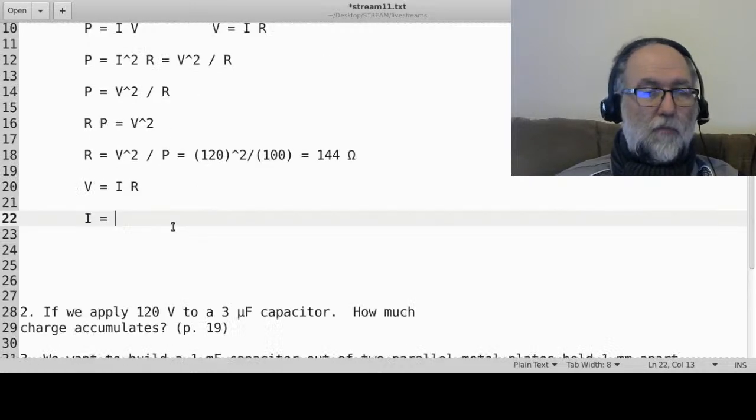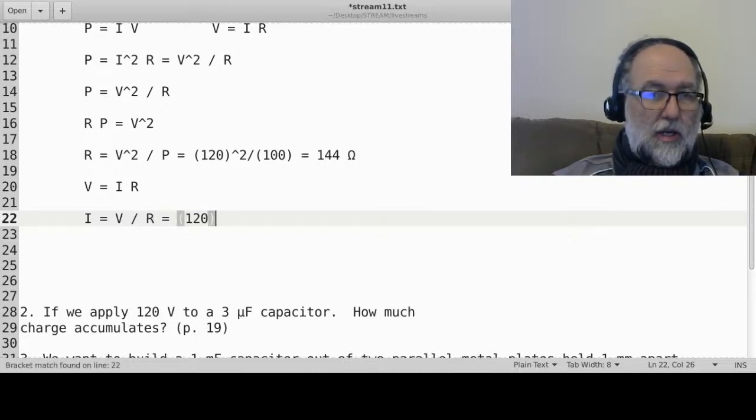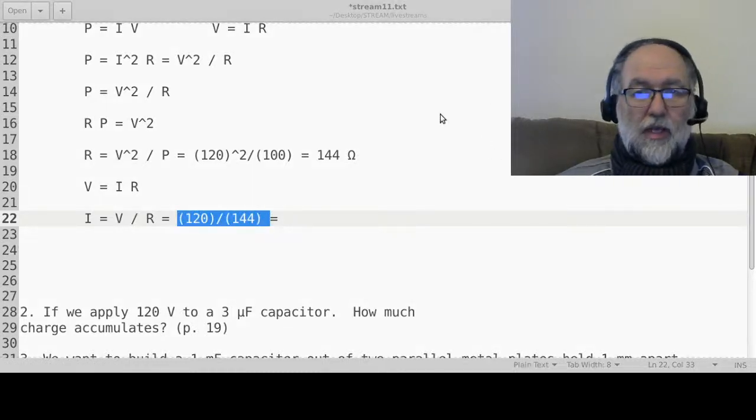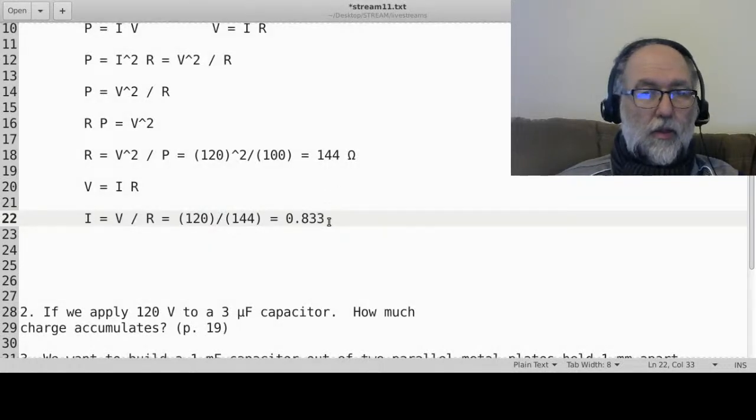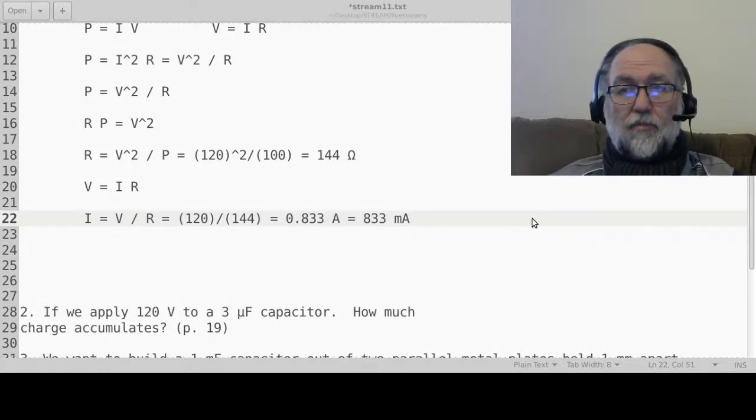We want I, and that's going to equal V divided by R. And V is 120 volts, and R we found to be 144, and that turns out to be 0.833 amps. That is the MKS value, but more likely I would convert that to milliamps, 833 milliamps.